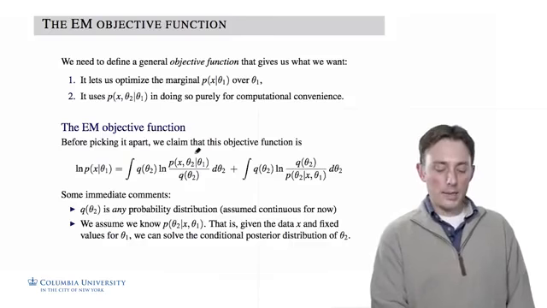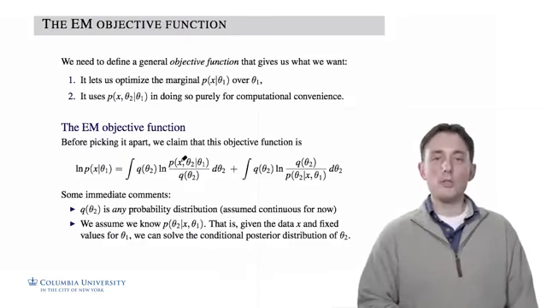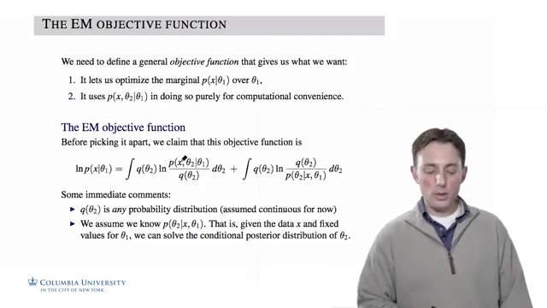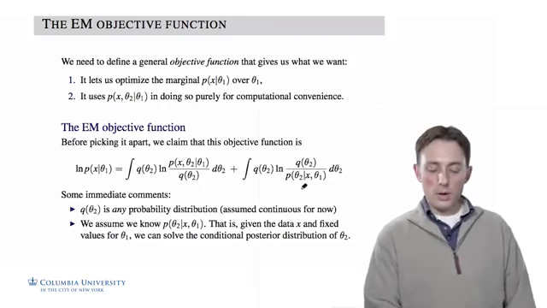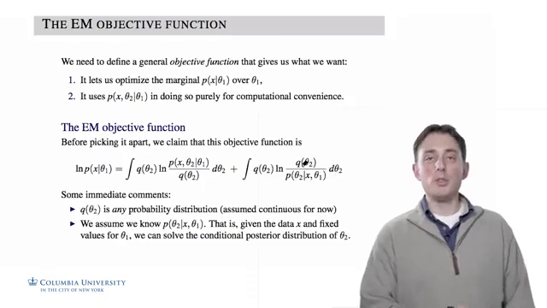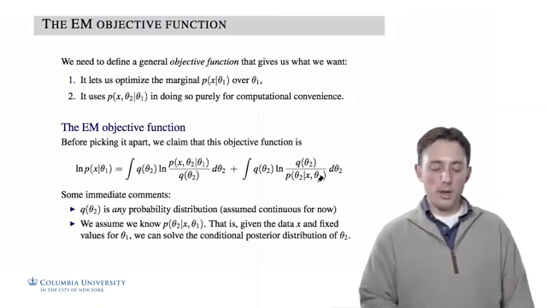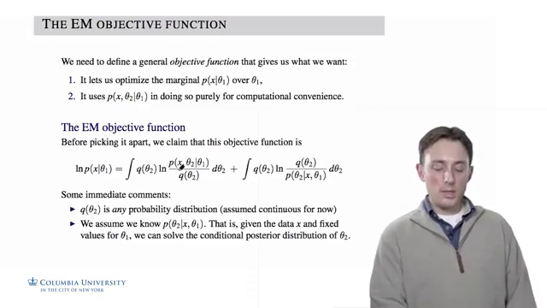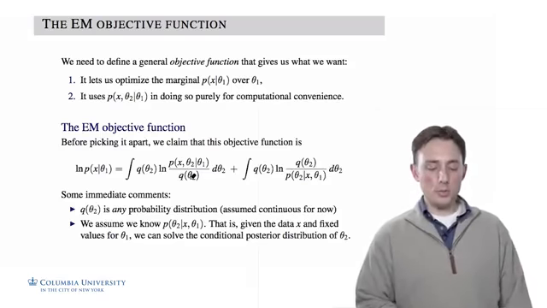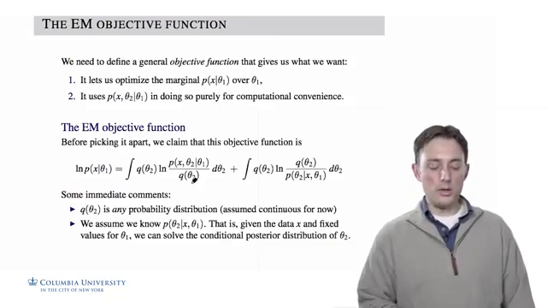Notice that the right-hand side involves this joint likelihood over an additional variable theta 2. It also involves the conditional posterior distribution of theta 2 given x and given theta 1. And it also includes this additional probability distribution q on theta 2.